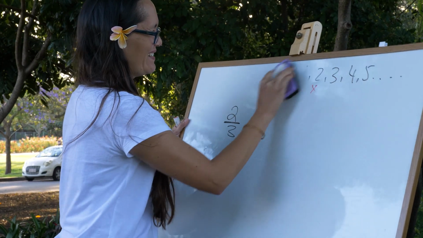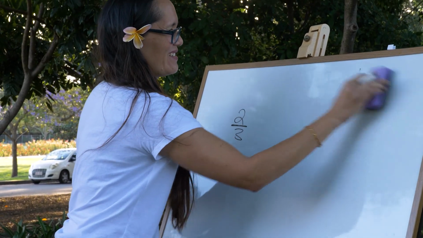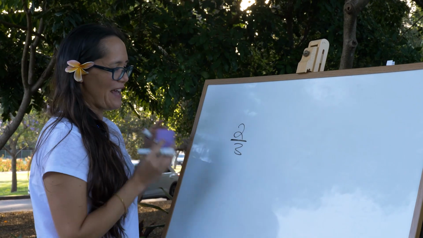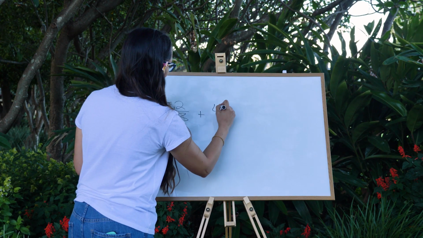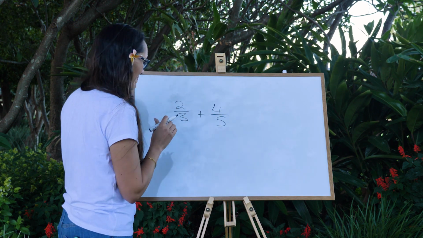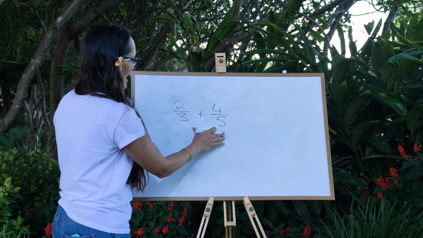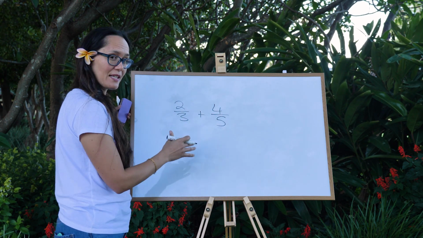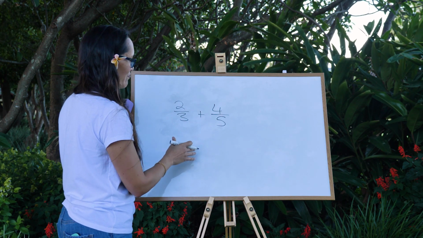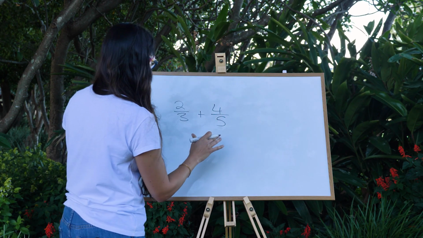And when you go to add them, our sum of 2/3 plus 4/5, this time we're going to rewrite it a little bit so we can see algebraically why the common denominator system works.